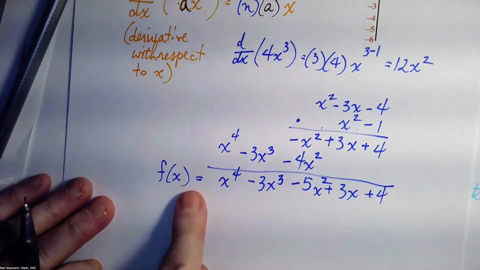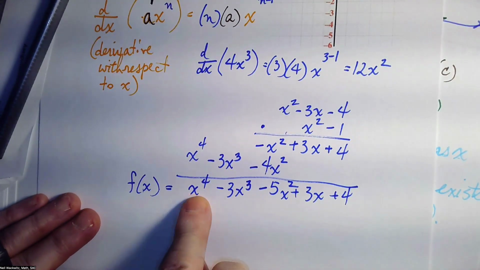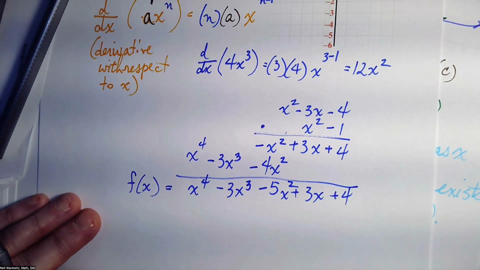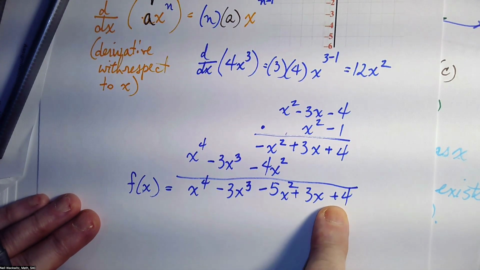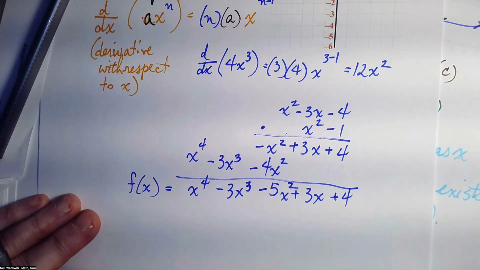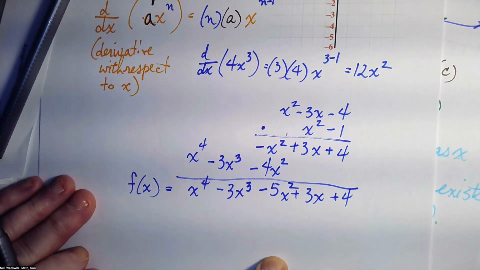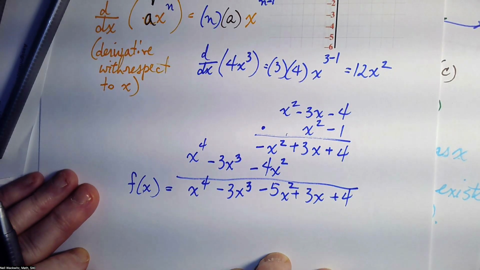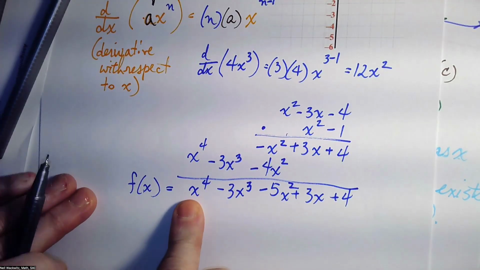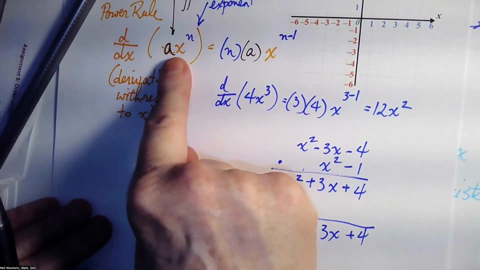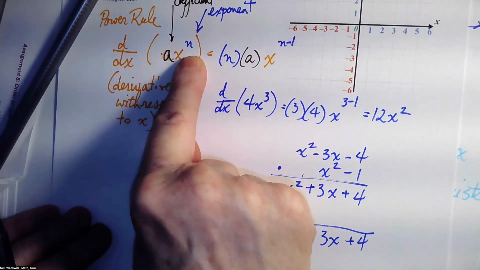Now f of x is made up of 5 individual terms. Terms are separated by plus or minus signs. Terms are not separated by multiplication or division signs. So we've got this first term. I want to use the rule. I want to bring down the exponent.